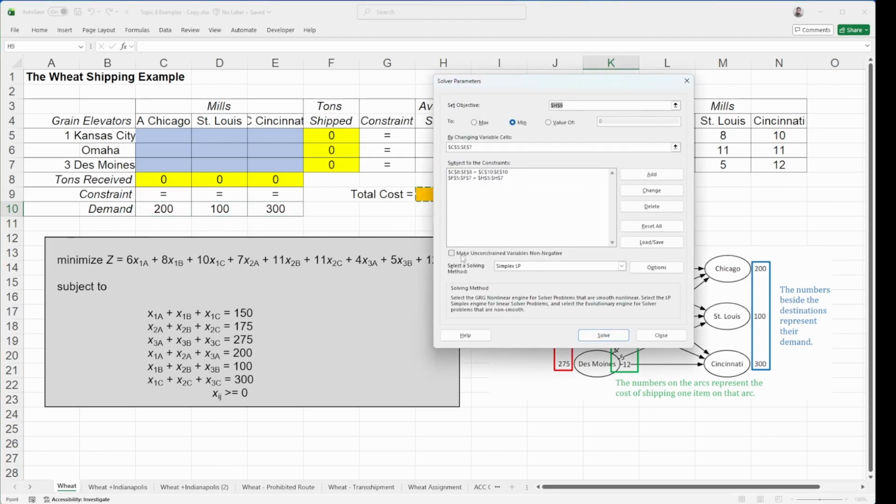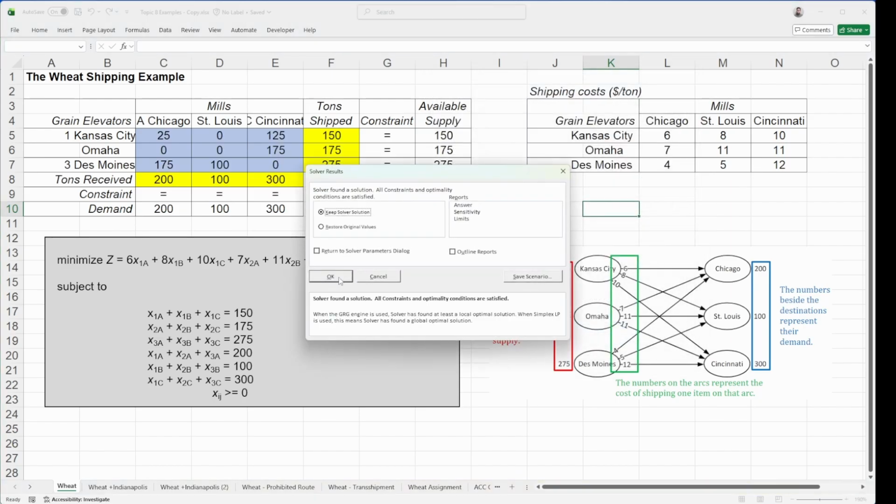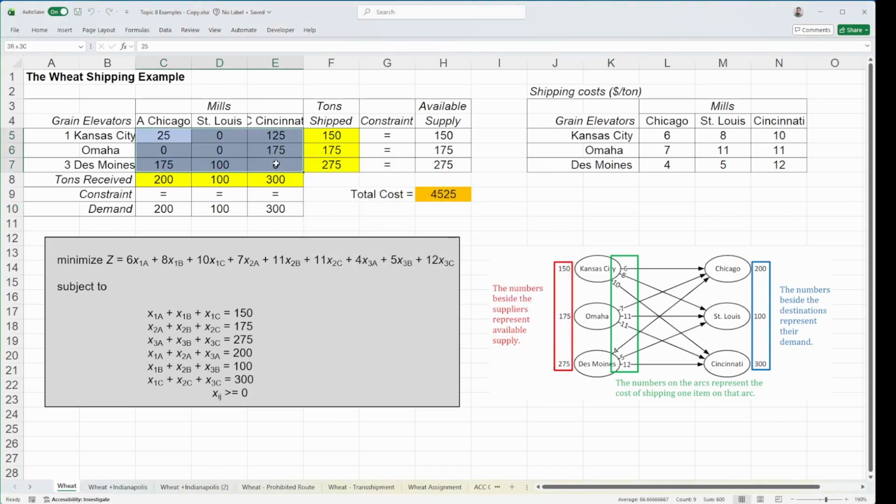Okay, and we have to check this box to make sure that all the variables are non-negative, and then we select simplex LP. And we click on solve. And here we can keep the solution. So this will be the optimal solution. And the optimal cost will be $4,525.